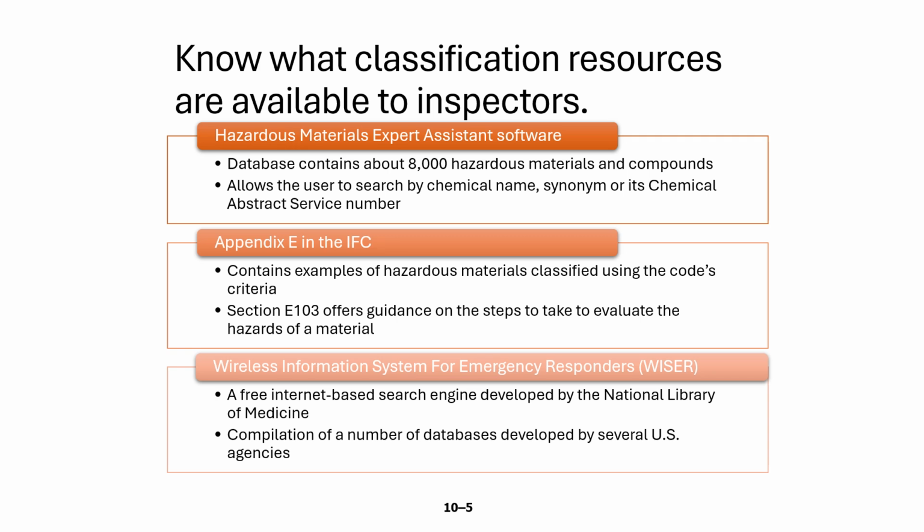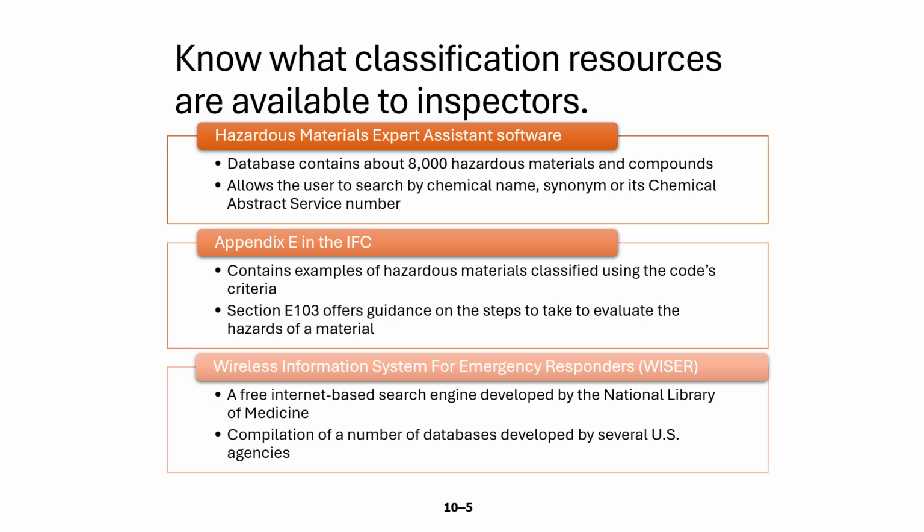There are several resources available to assist us inspectors in determining classifications. There's hazardous material expert assistance software. It's a database that contains 8,000 hazardous materials and compounds. It allows the user to search by chemical name, synonym, or chemical abstract service number. Appendix E of the International Fire Code contains examples of hazardous materials using the code's criteria.